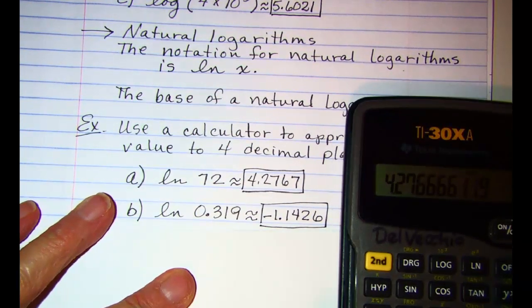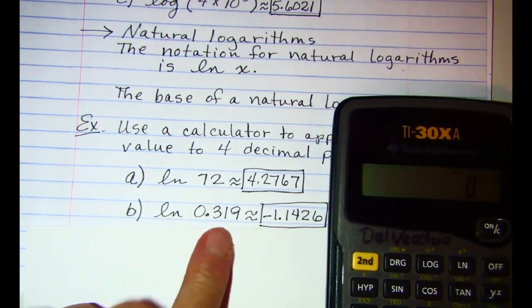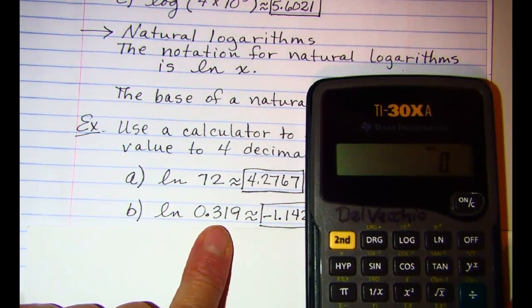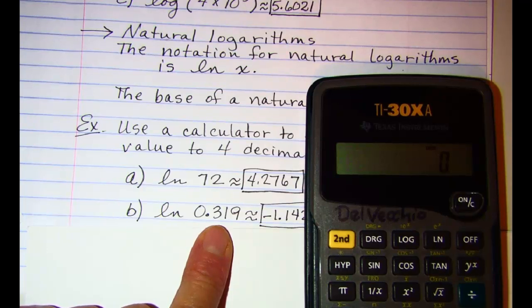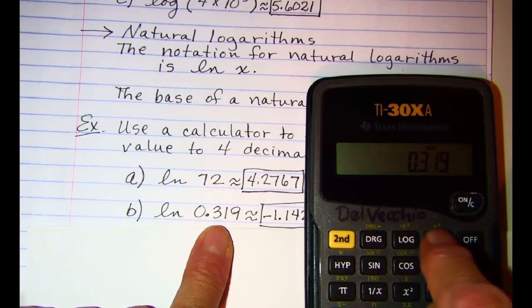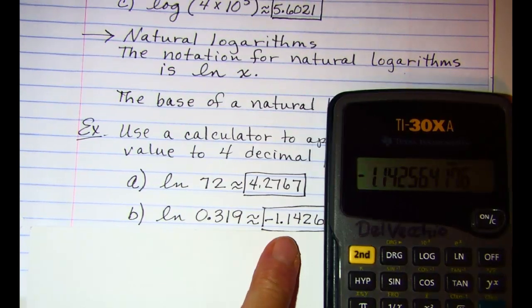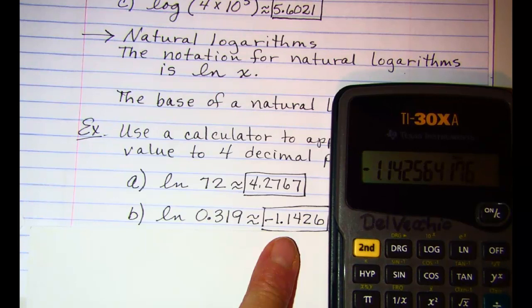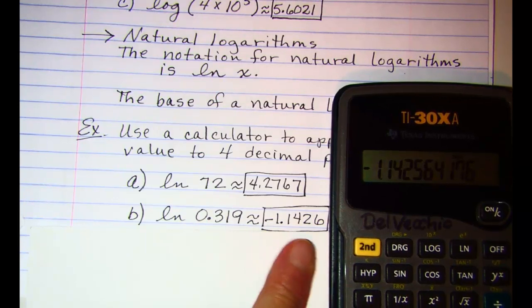With this other calculator, I need to enter the argument first. So 0.319, and then hit my ln key, and I have the same result, negative 1.1426.